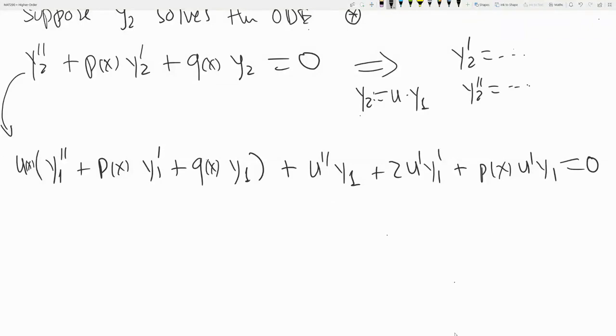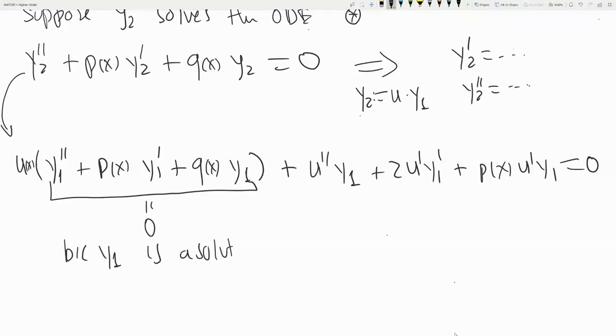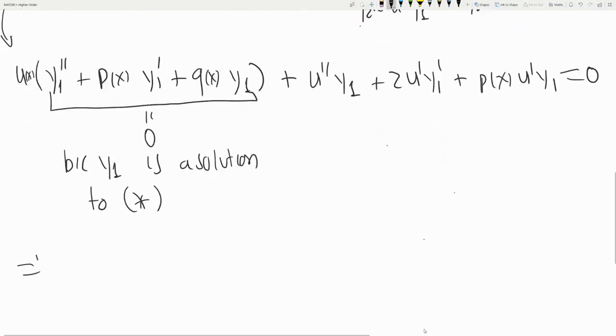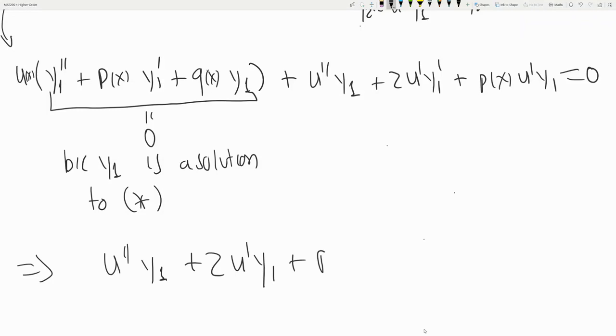Okay, so once we're here, we can use that this is equal to 0 because y1 is a solution to star. Then we simplify to u double prime y1 plus p u prime y1 equal to 0.